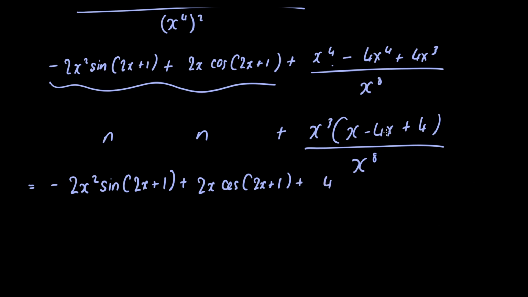Now we have an x minus 4x here, so that's just going to be minus 3x all over x to the 5th power. And that is the final answer to this problem.